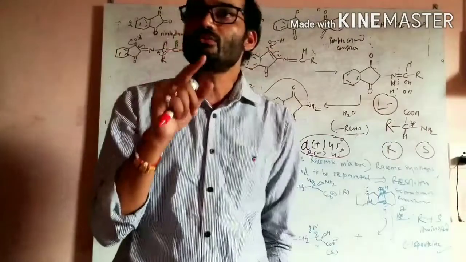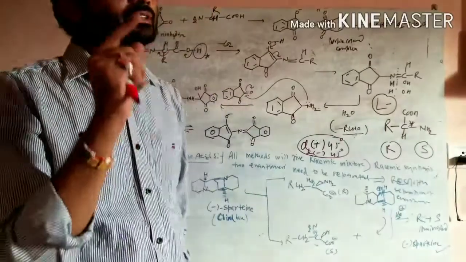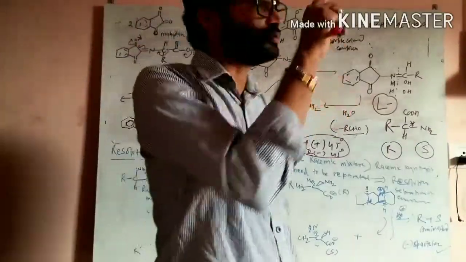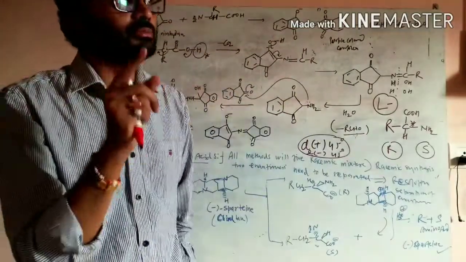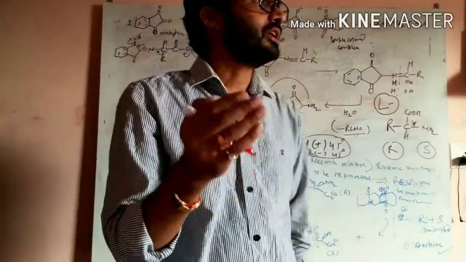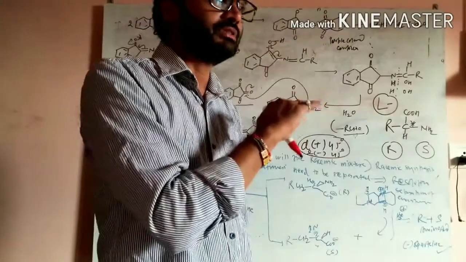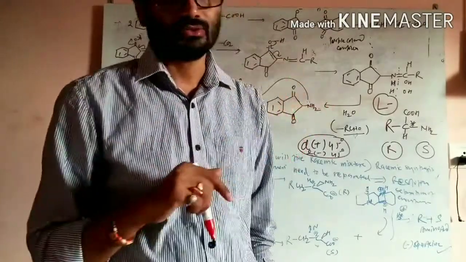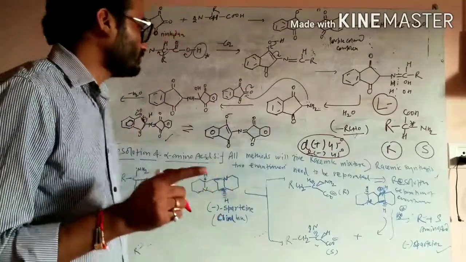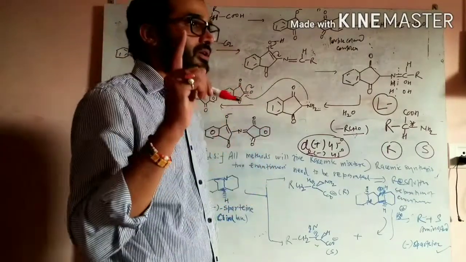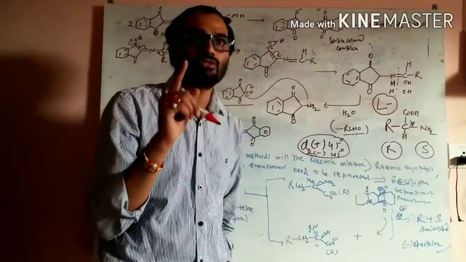If one enantiomer rotates the plane polarized light towards the right-hand direction, that is the dextro rotation, then at the same time the other enantiomer will rotate it in the opposite direction, that is the left-hand side or anticlockwise direction. So this is the only physical property of enantiomers which varies.